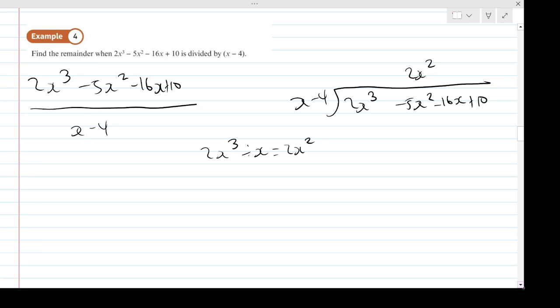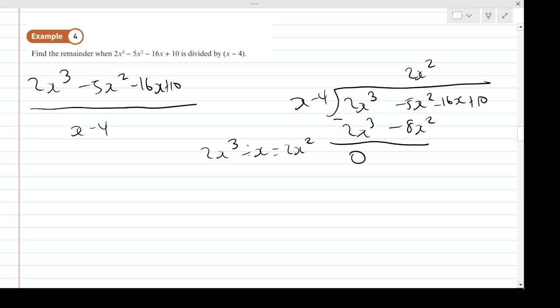There we are. Then again, I want to times this by all the terms outside the bus stop. So 2x squared times x will be 2x cubed. And then 2x squared times minus 4 will be minus 8x squared. And so again, I want to take away the top two equations in the bus stop. So 2x cubed take away 2x cubed will be 0, which is what we want.